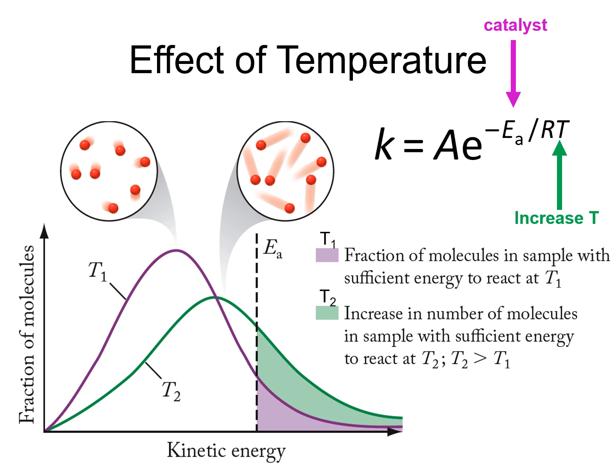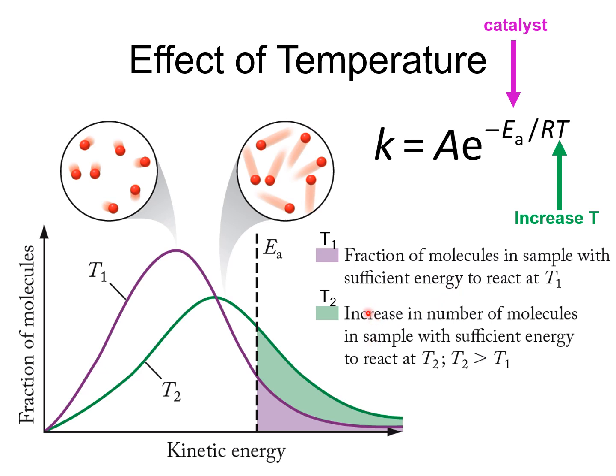So the effect of the temperature, as we said, is to increase K, and here you can see that if we have a certain activation energy, when we increase the temperature, we are increasing the fraction of the molecules that have energy equal to the activation energy or more. So in this case, it would be this gray area.